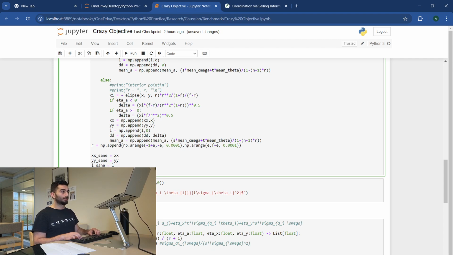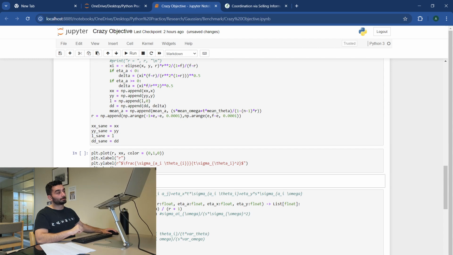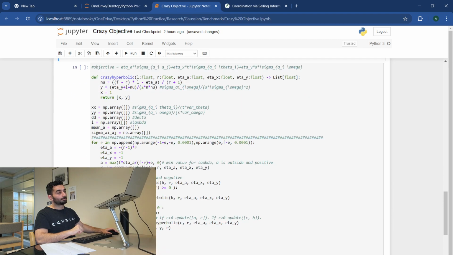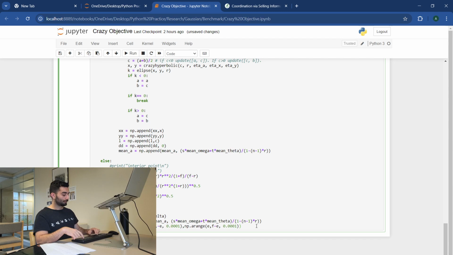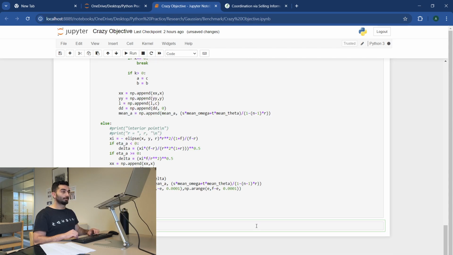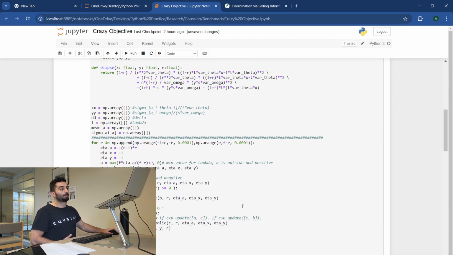And what else do we want? Yeah, I'm gonna run this part. Then I don't want to plug this part, but then I want to say, let's see what we're plotting.